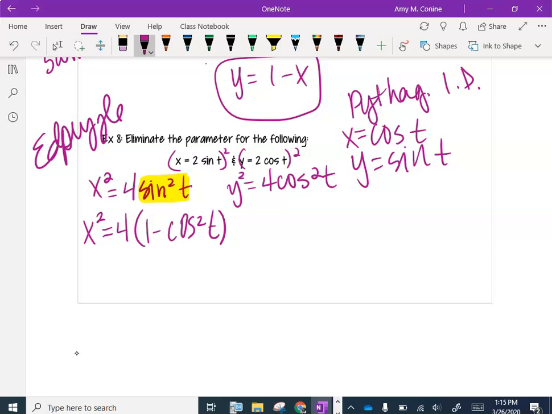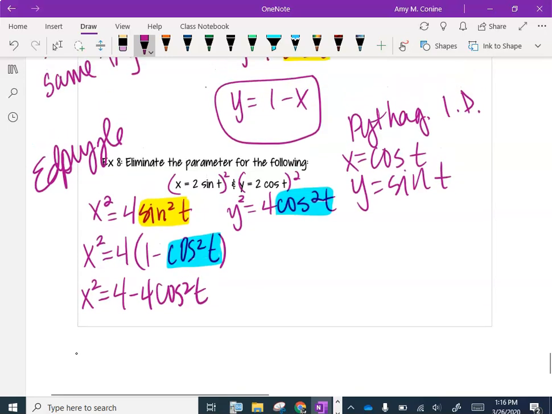Now I have cosine squared here and a cosine squared here, but neither of the cosine squareds are by themselves. I'm going to backtrack real quick. None of the cosine squareds are by themselves, so you need to follow the guidelines that we talked about with parameter and get the parameter by itself.